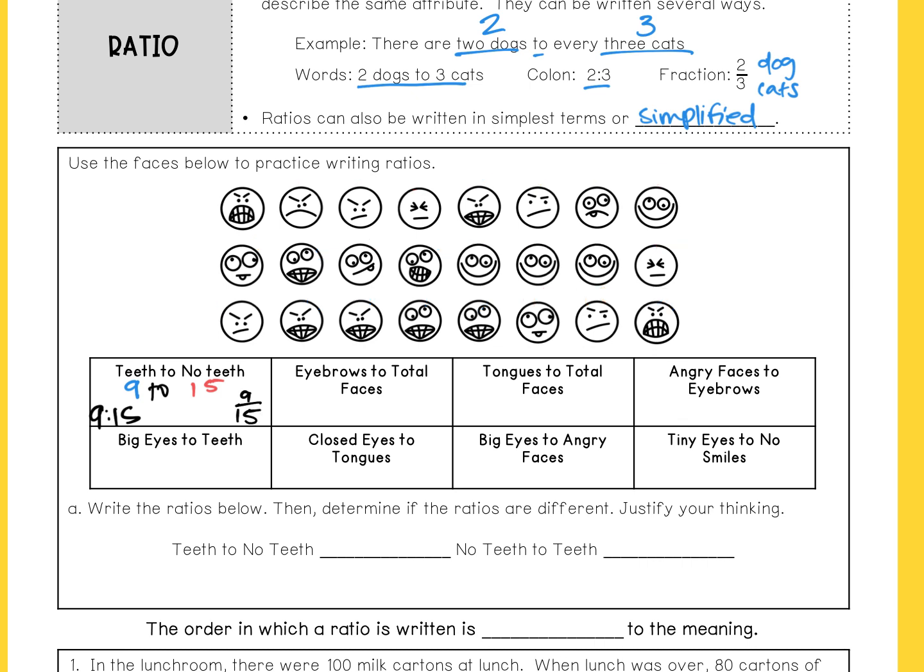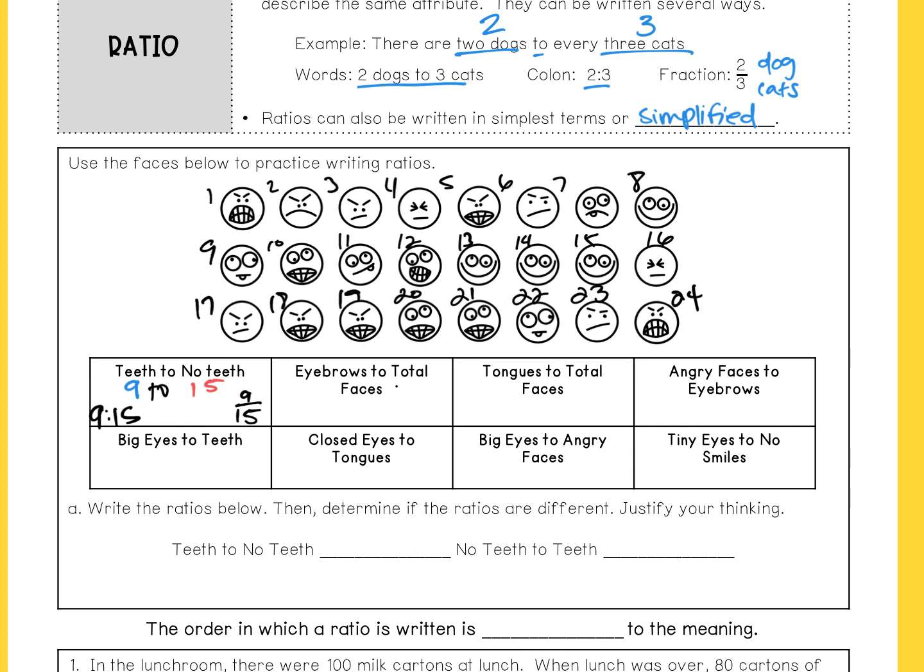Now I want to find the ratio for eyebrows to total faces. I'm going to first count my total faces. 1, 2, 3, 4, 5, 6, 7, 8, 9, 10, 11, 12, 13, 14, 15, 16, 17, 18, 19, 20, 21, 22, 23, and 24.